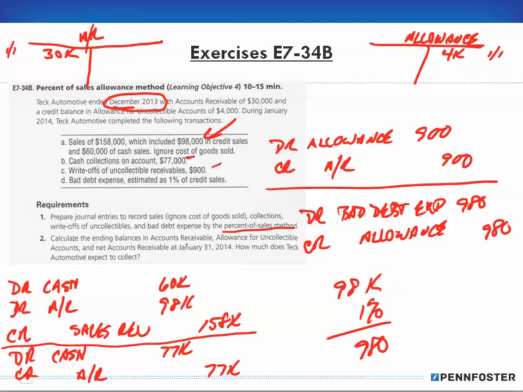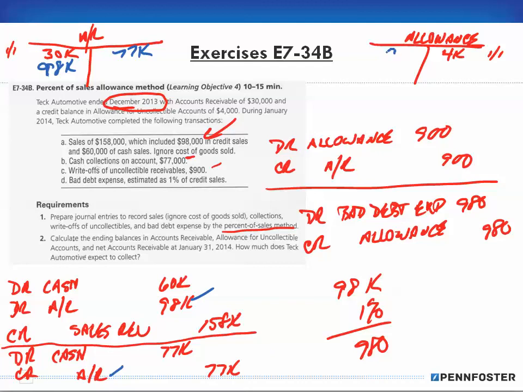Now it says calculate the ending balances in accounts receivable, allowance for uncollectible accounts, and what is our net accounts receivable. So basically, we're going to post these journal entries to our general ledger accounts. So I'm going to do that in blue. All right. So I have my accounts receivable here for $98,000 as a debit. I don't need the sales revenue, don't need the cash. I have a credit for $77,000 to accounts receivable.